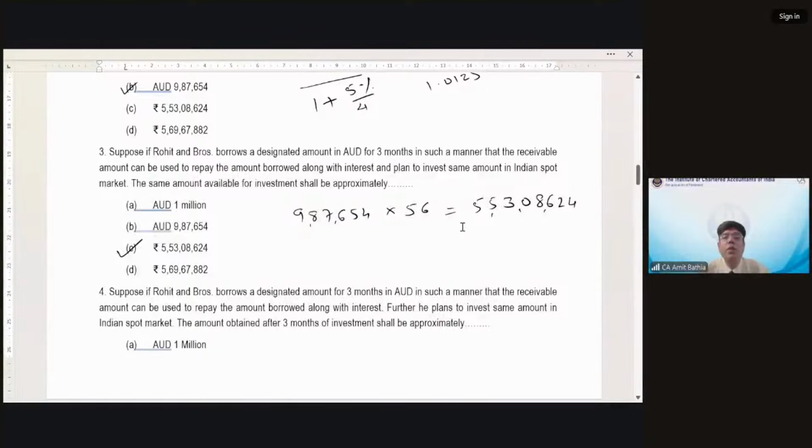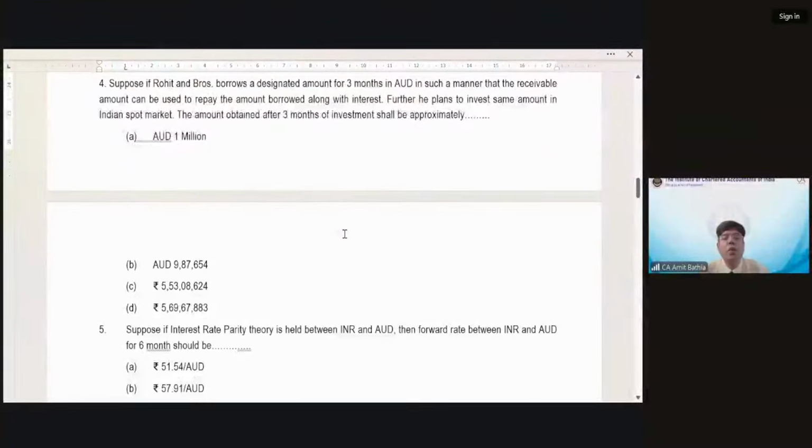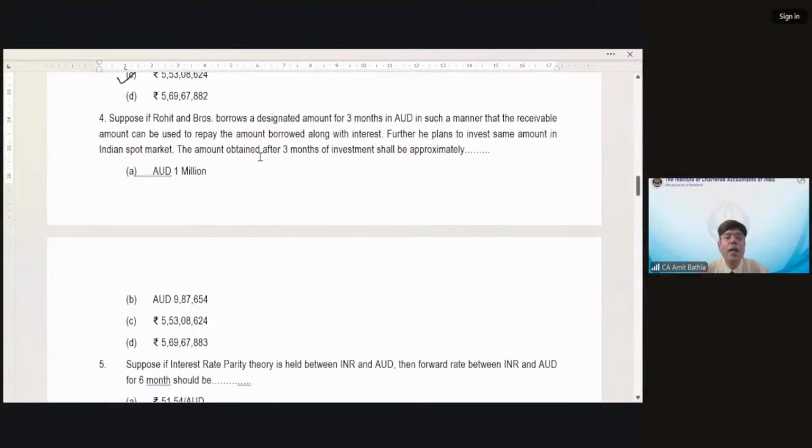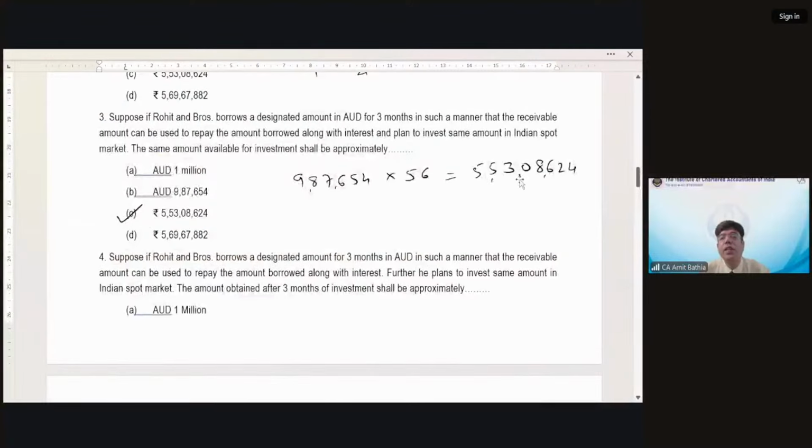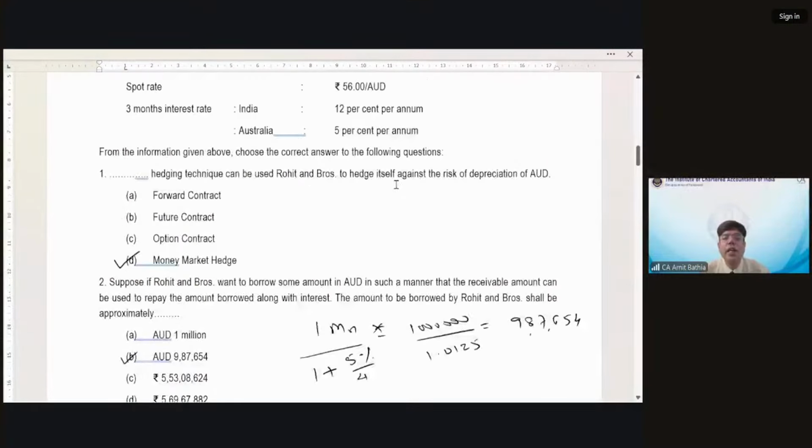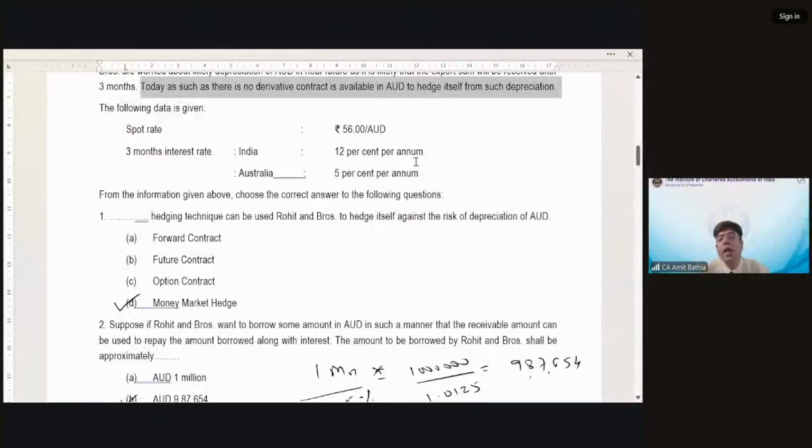You have multiplied that into INR, converted that into INR 553, and then you have invested this amount into INR, right? So the amount obtained after 3 months will be how much? So if I invest 553 for a period of 3 months, you will be earning how much interest? India is going to pay you interest of 12% per annum.